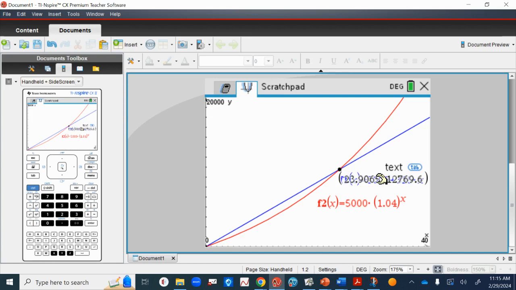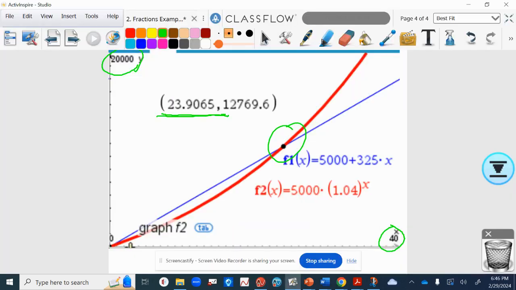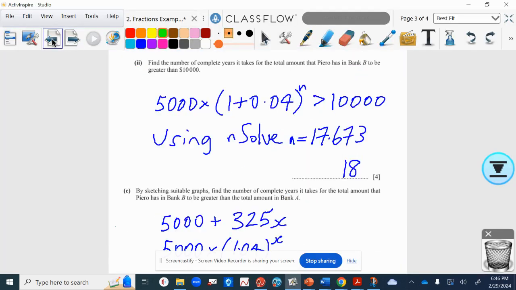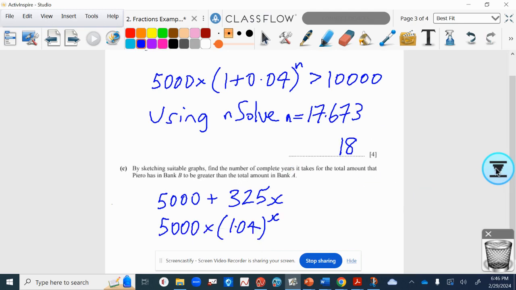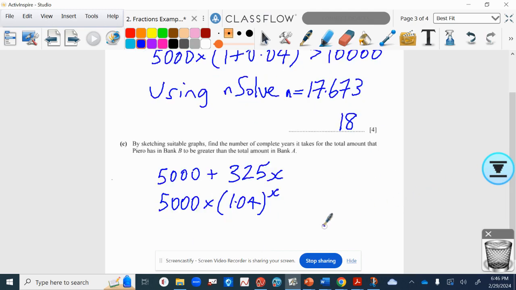So we merely need to find that point, and we're looking at the x value, so it's 23.9 years. Right, but it wanted, as usual, a whole number in the answer. So number of complete years, so 23 would be too little, so it's going to have to be 24 years when it overtakes.